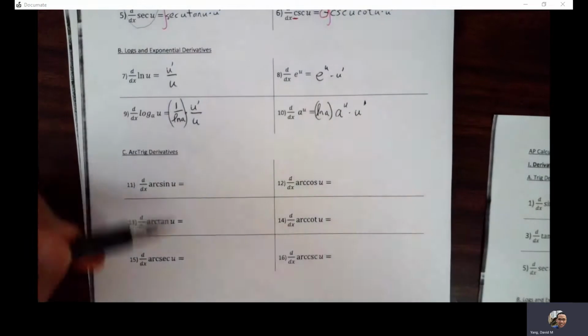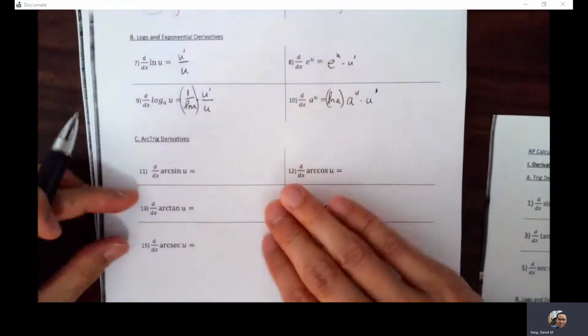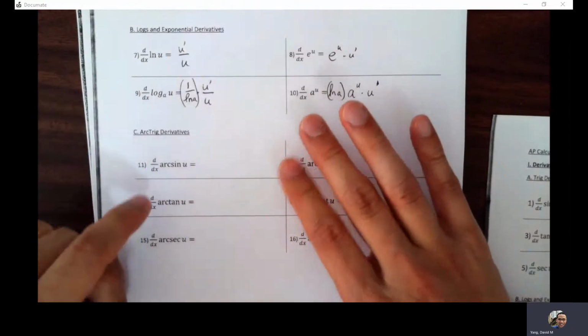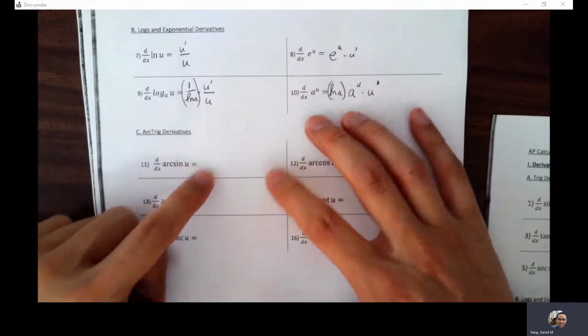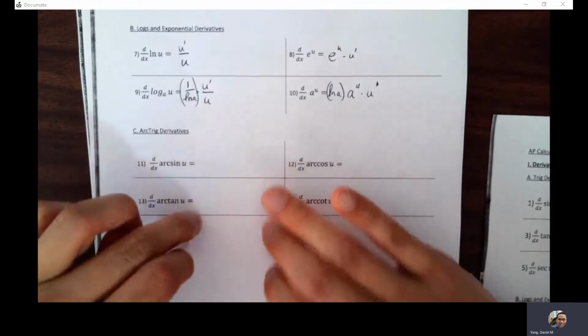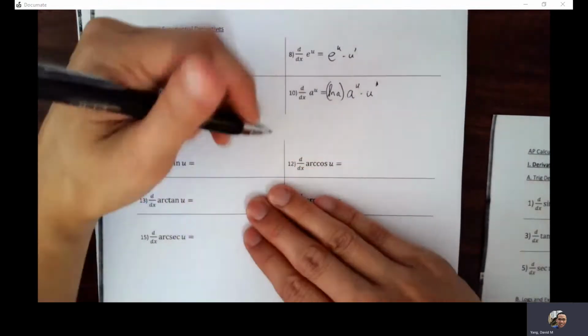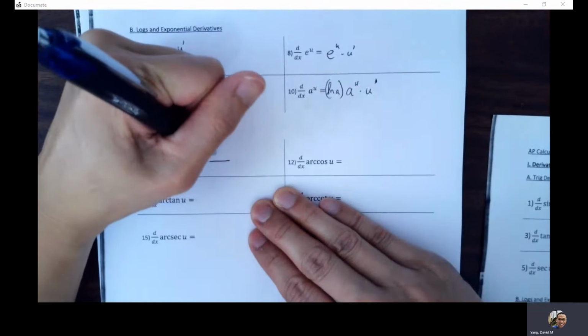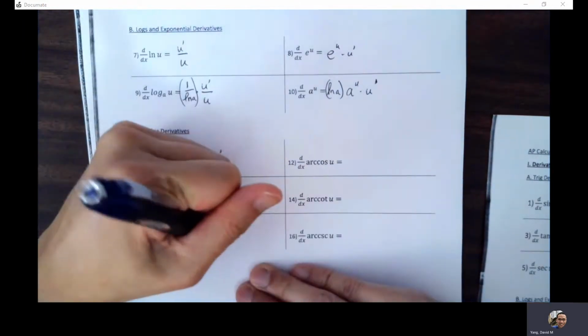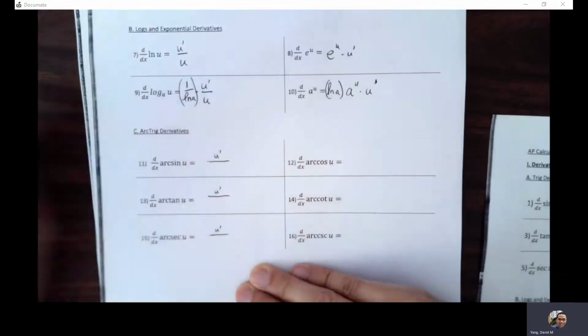Okay, so I want to talk about a pattern to hopefully help you memorize these rules. With arcsine, arctangent, arcsecant, all of them have a numerator and denominator. And their numerators look exactly the same. The numerator is just u prime. So they all have u prime in the numerator.